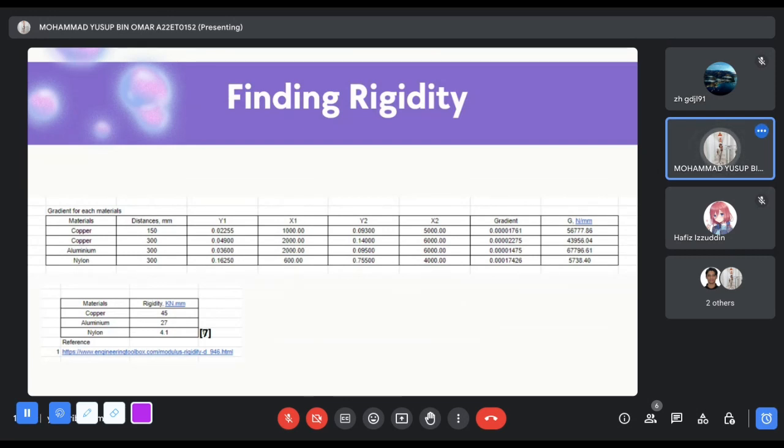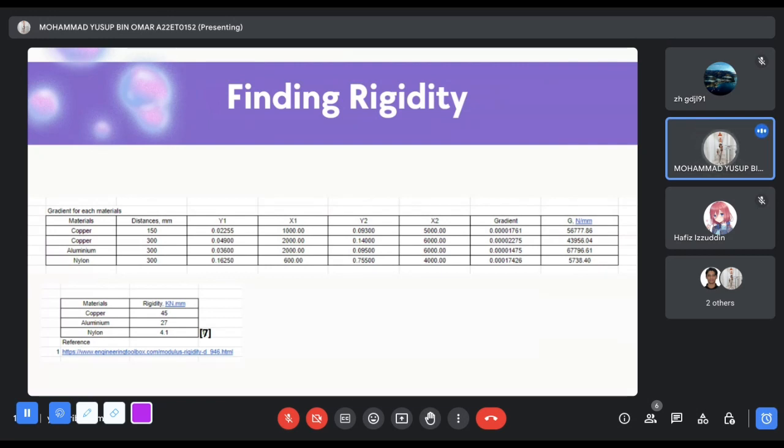So after that, we can find the rigidity of the material. First of all, we need to find the gradient. To find the gradient, we can use the formula y2 minus y1 over x2 minus x1.